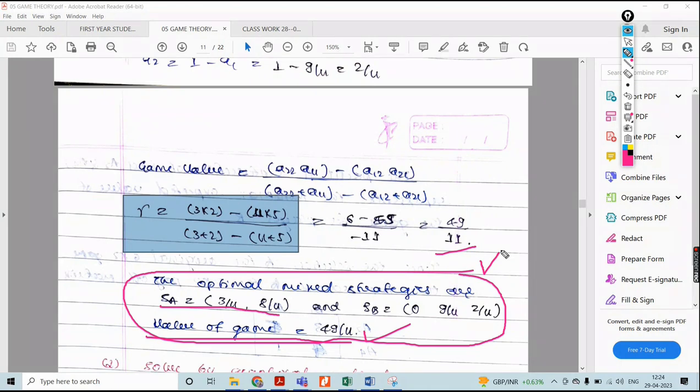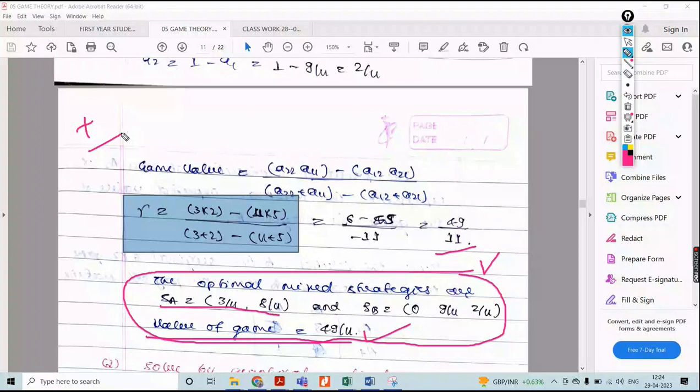All numericals are very simple, but you have to practice. If you didn't practice, you will feel difficult. Nothing is there. If you know addition and subtraction, that is more than enough. Once you do it, you will get the solution itself. But how to get the solution?